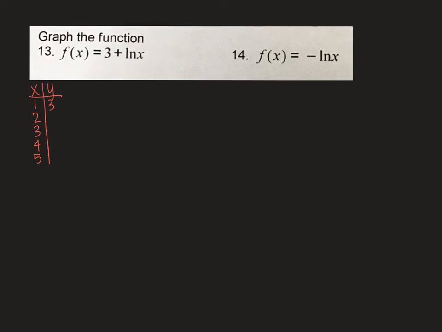If I do natural log of 2 plus 3, I'm going to get 3.693. If I plug in 3 for my natural log and add 3, I'm going to get 4.099. If I plug in 4, I'm going to get 4.386.